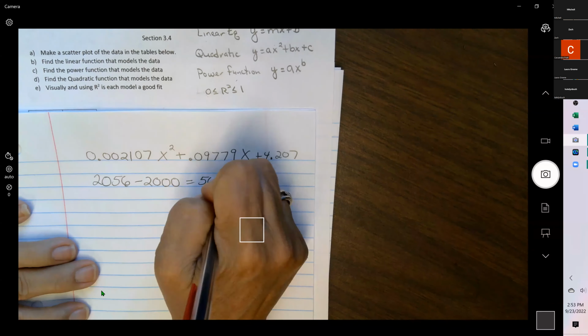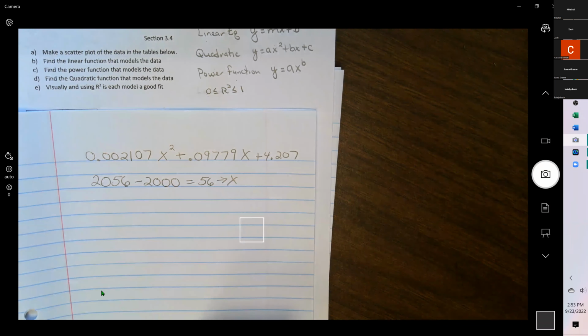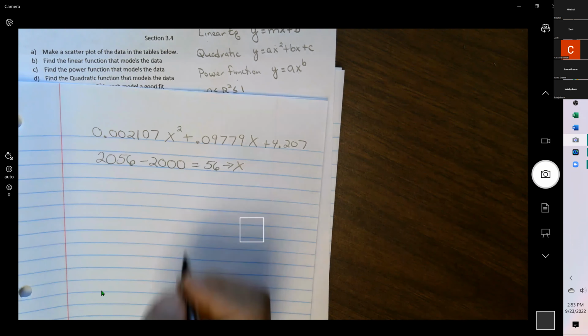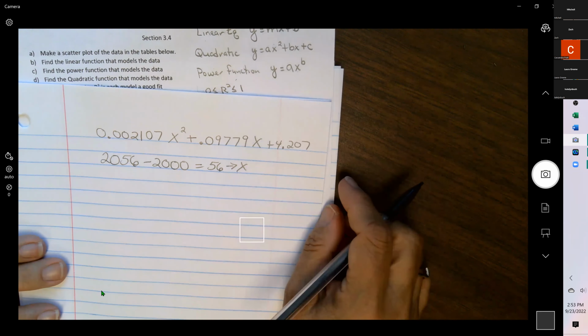So we're plugging 56 in for X. That's weird. I wonder what happened. Someone's mentioning that the quadratics are also wrong. But you would plug 56 in for X.